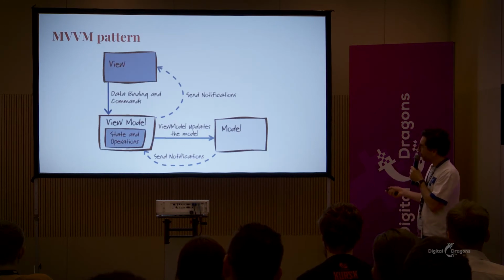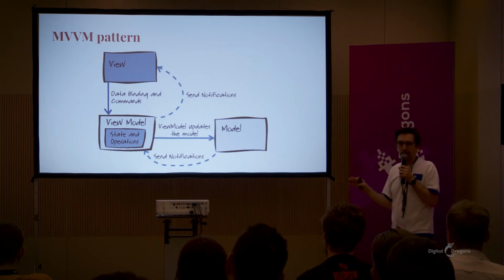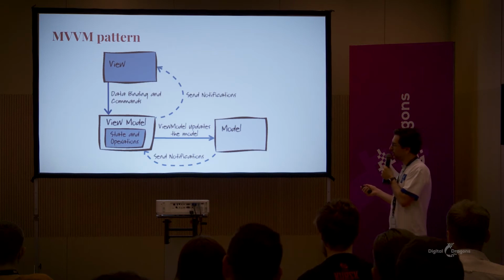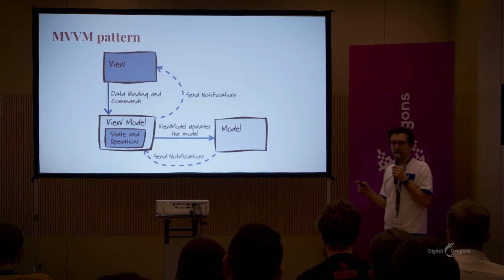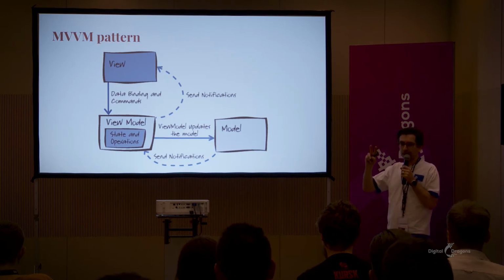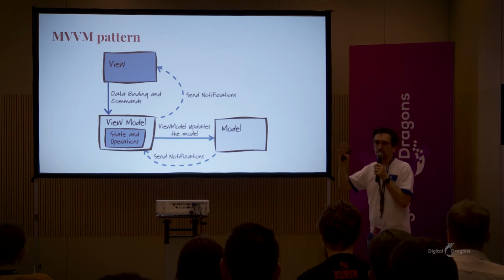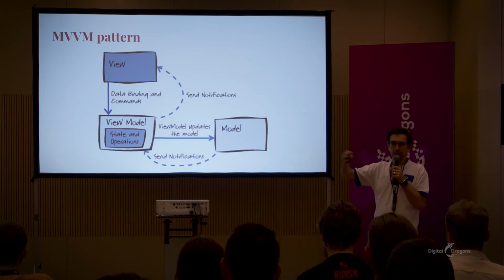MVVM pattern. These patterns are a little bit more advanced, and working with clients, I am aware of game companies that have their own engine. To say engine, because it's not an engine, but their own implementation of reusable code in Unity.